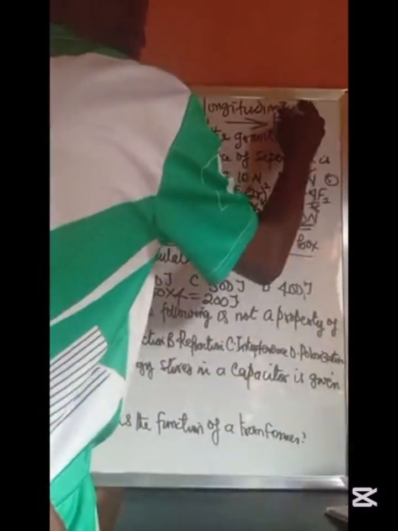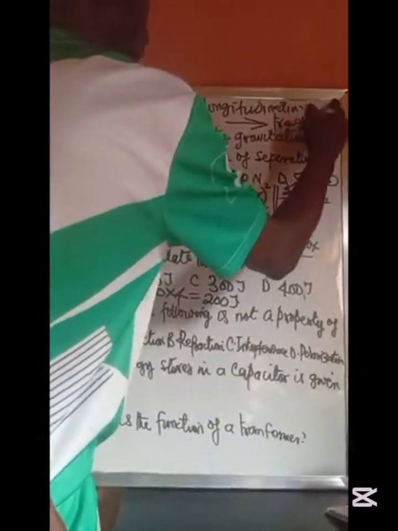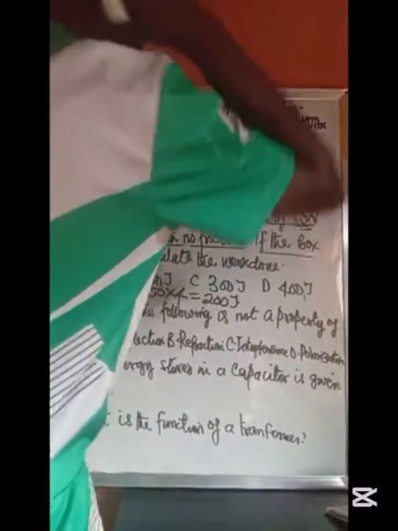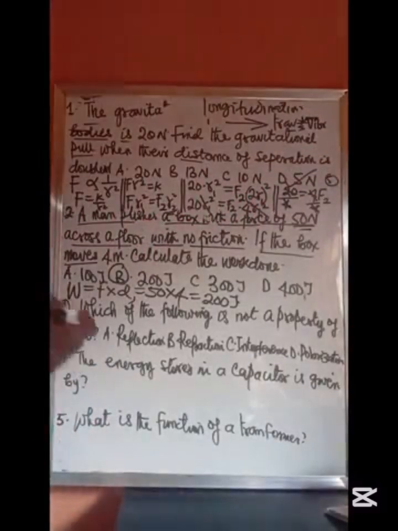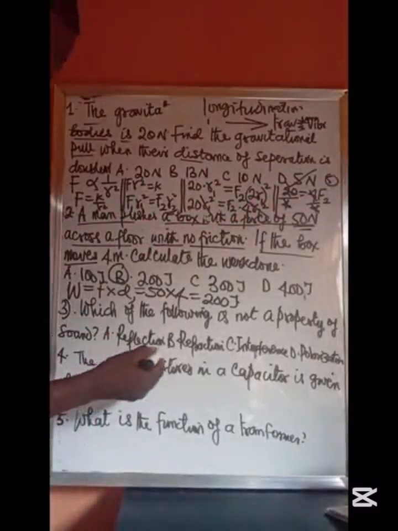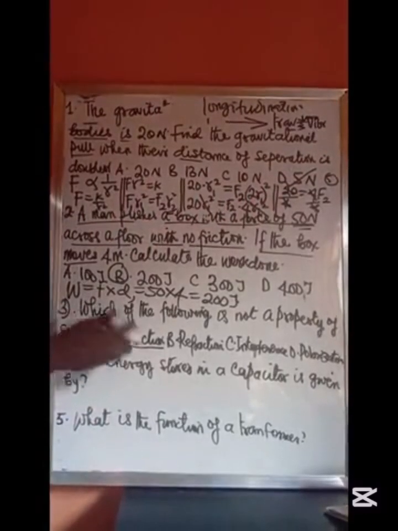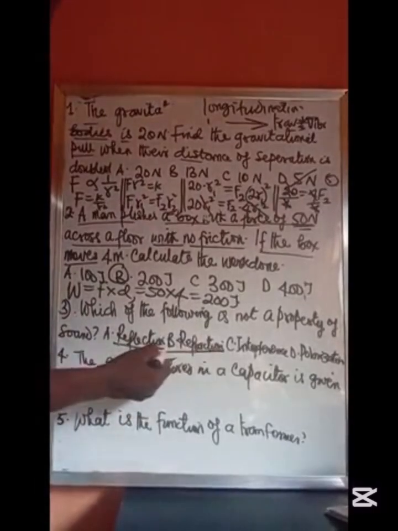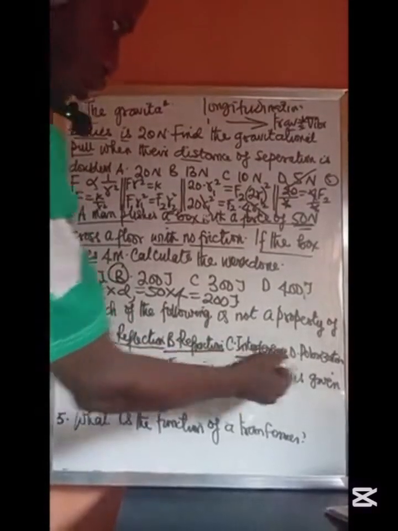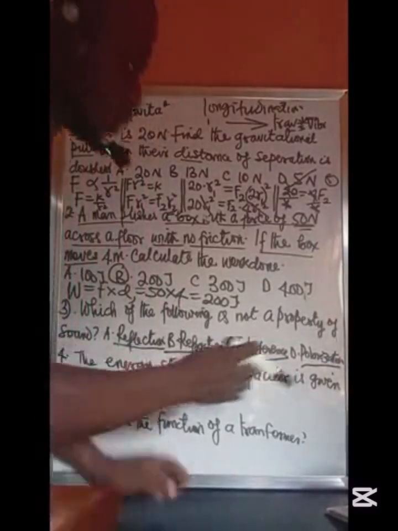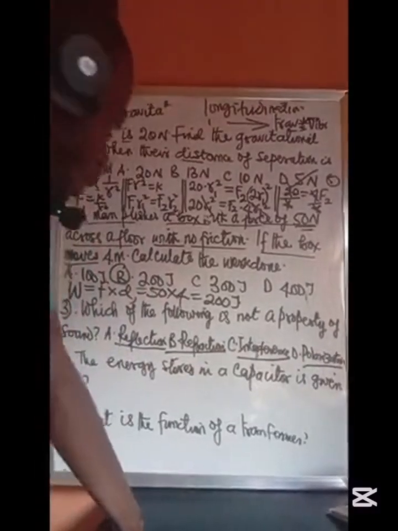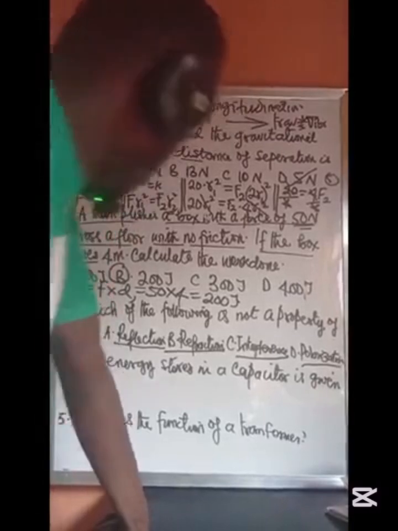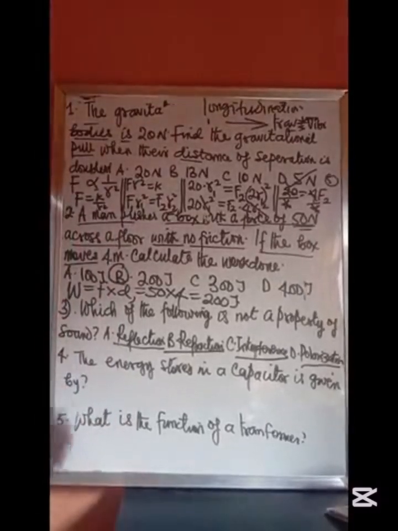So the travel direction is parallel to the vibration direction. Among the options given, sound undergoes reflection. It also refracts. There's also interference, but there's no polarization. Sound waves cannot be plane polarized. That's only attributed to light waves.